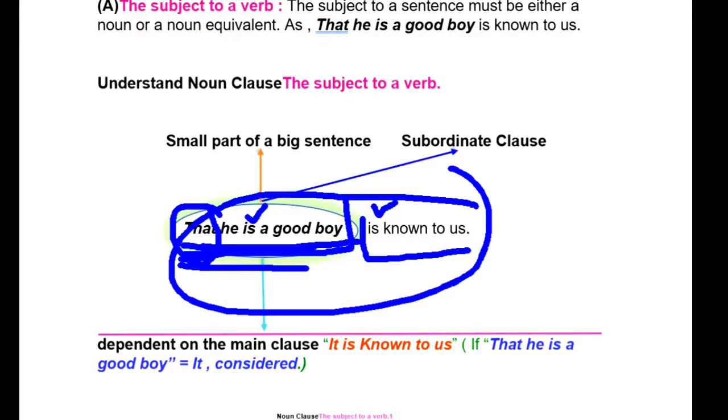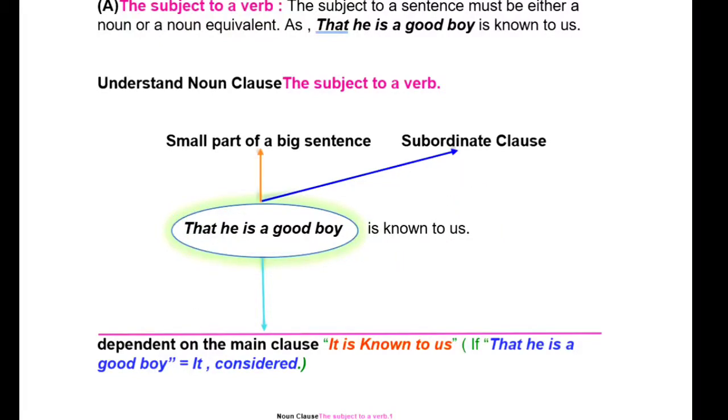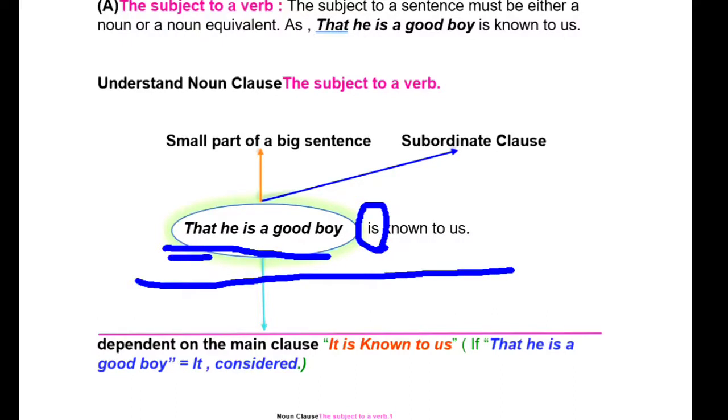When the conjunction "that" is introduced with a clause, it must be a subordinate clause. This subordinate clause does the work of the subject of the whole sentence. This part does the work of the subject of this verb.